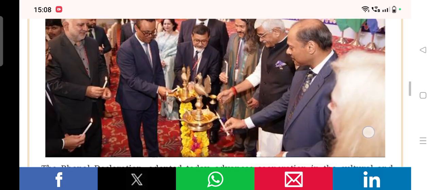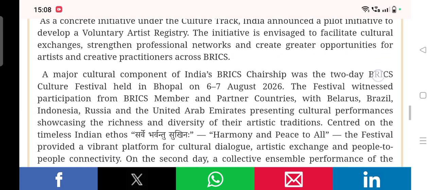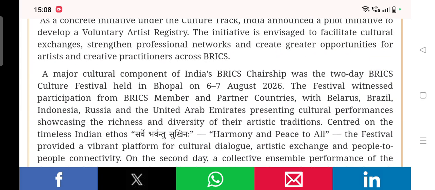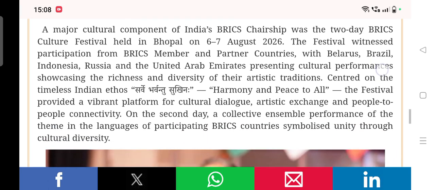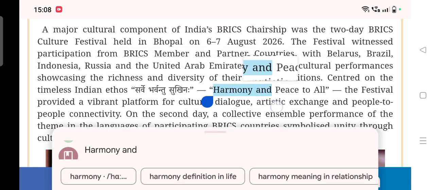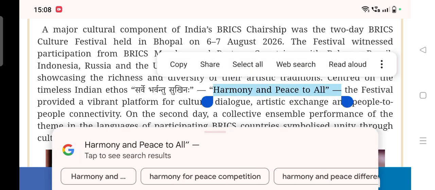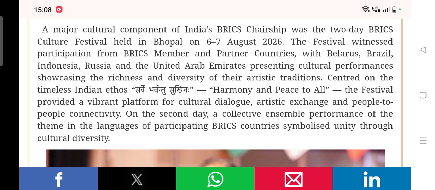You can just scroll down, and if there is anything important, schemes or BRICS related news, you can make a note of it. And this theme, like harmony and peace to all, sometimes a question can be like, this harmony and peace to all is related with BRICS.